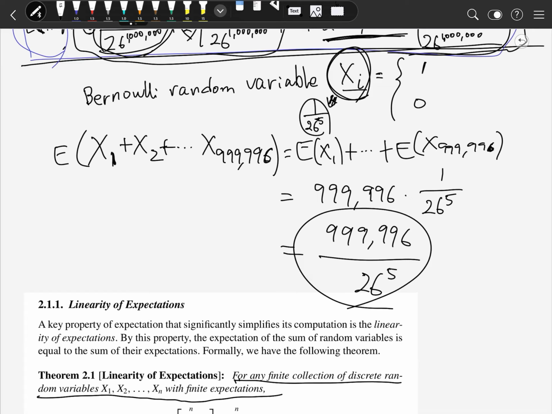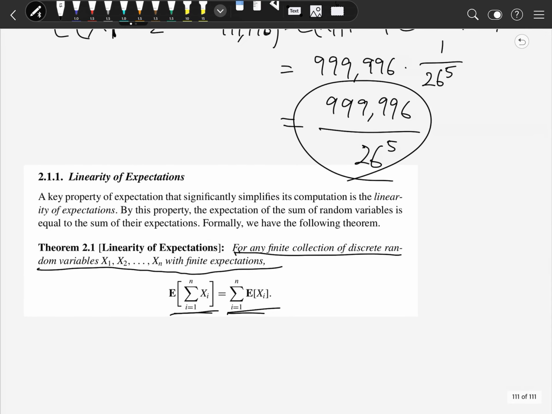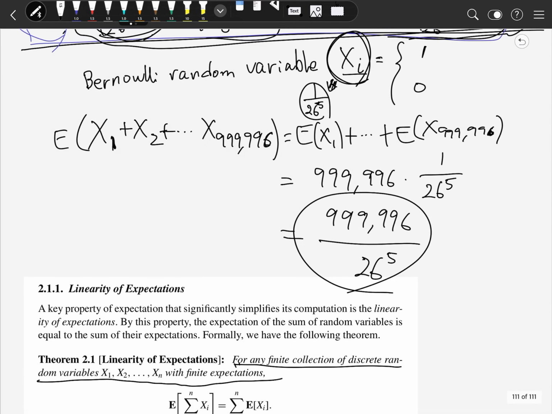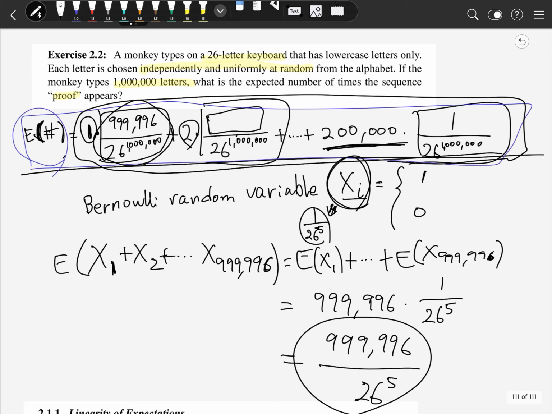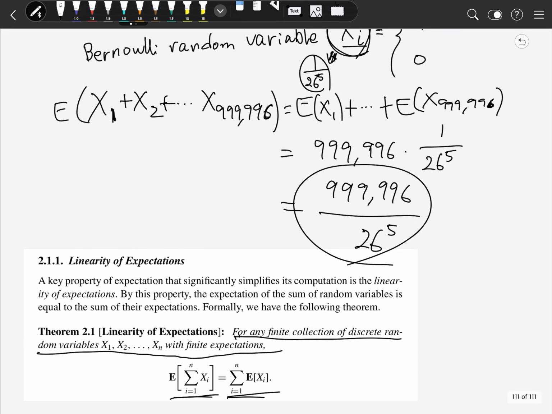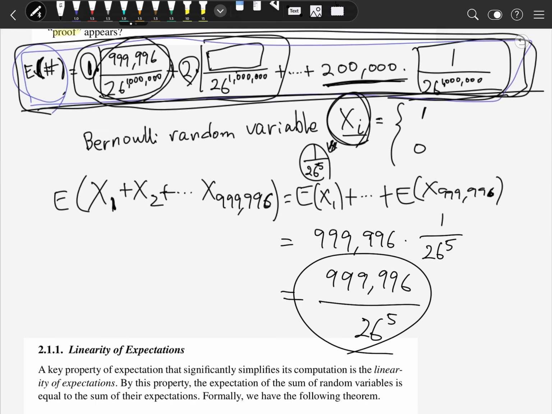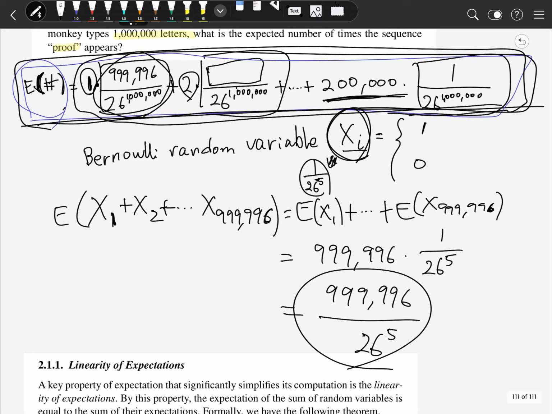So the key to this question is that we use the linearity of expectations, which is rather unintuitive. Because if we use the intuitive approach, it's nearly impossible to solve this. So we use the rather unintuitive approach, which is linearity of expectations, to solve this problem.